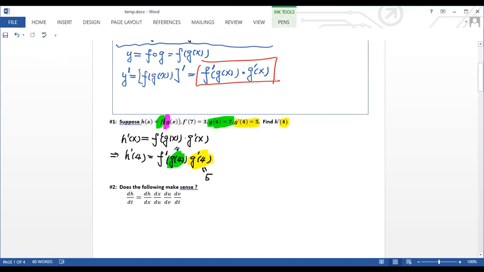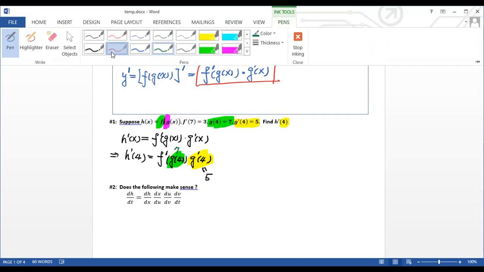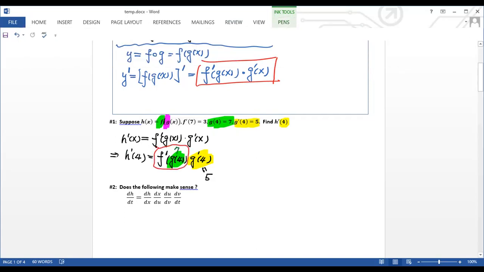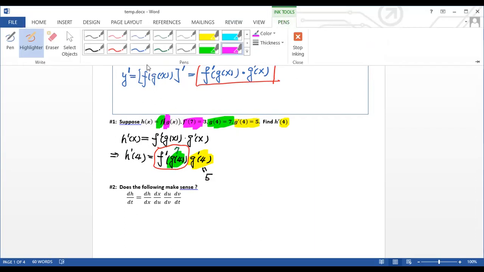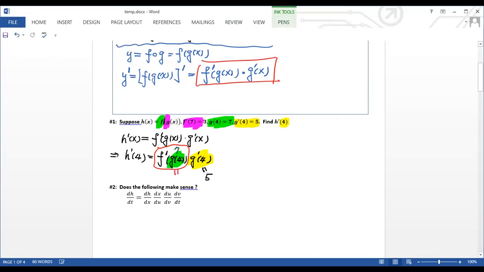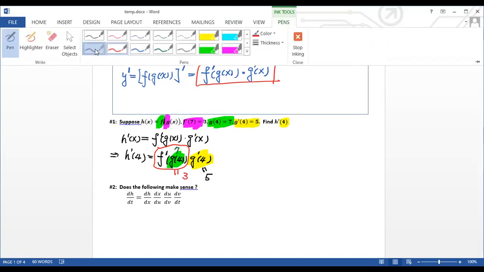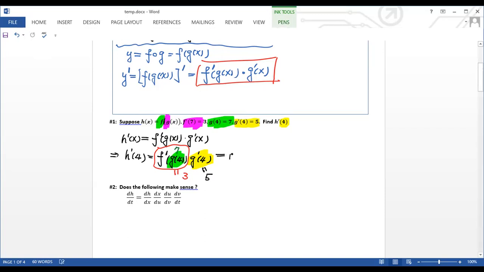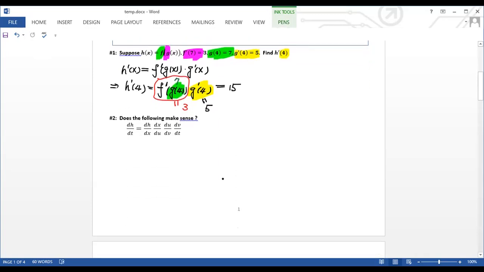So the outer layer is f prime of 7, and f prime of 7 is 3. So what is the final answer? It's 15.